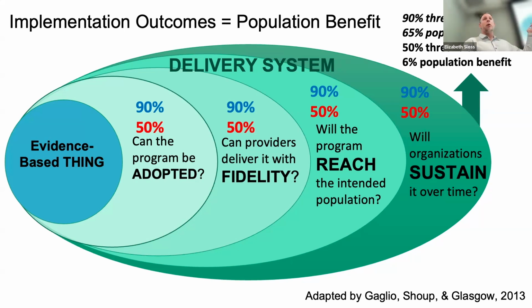I typically ask this question because it's a eye-popping one, and have the little animations in here. But with a 1.0 effect size, if you achieve 50% at every one of these, and I'll tell you right now from the many studies I've done in implementation research, 50% is good for a lot of these outcomes, you can look at the combined effect of all of that at a population impact level or population benefit level is only 6%.